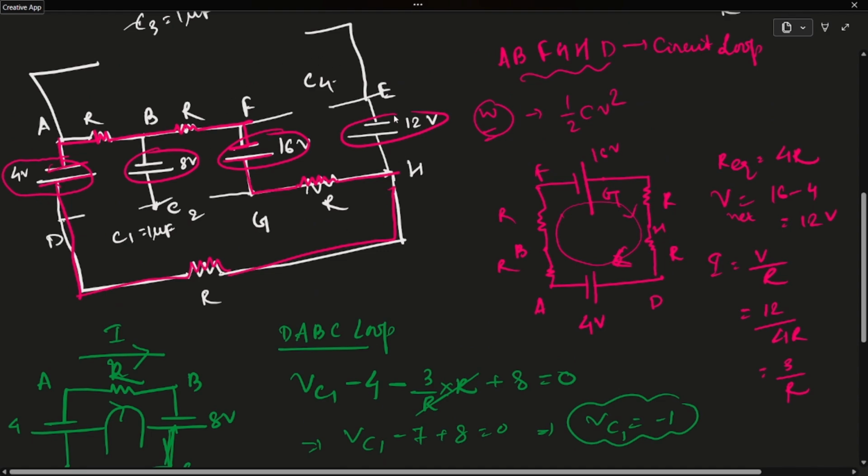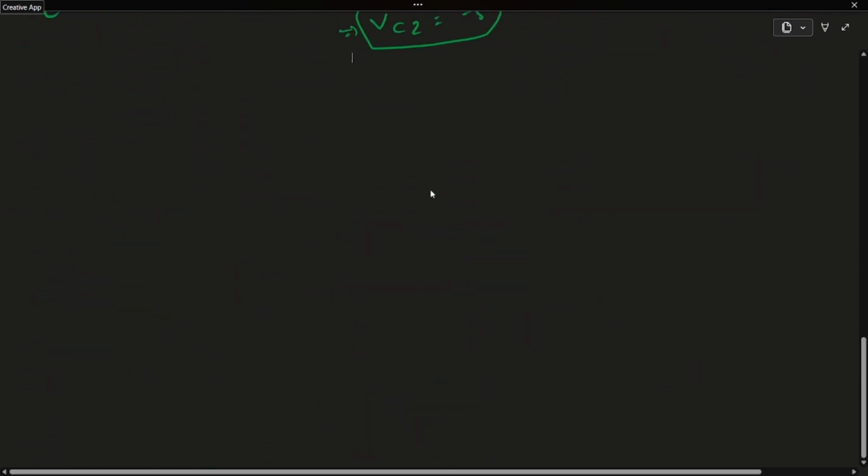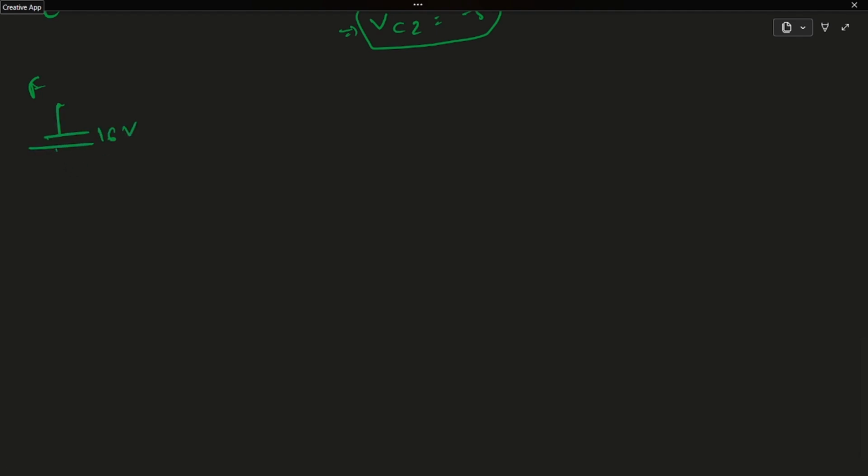Let's find the voltage drop across the capacitor C4. I'm taking the loop FGHE. This is F, then G. There is a battery of 16 volts.